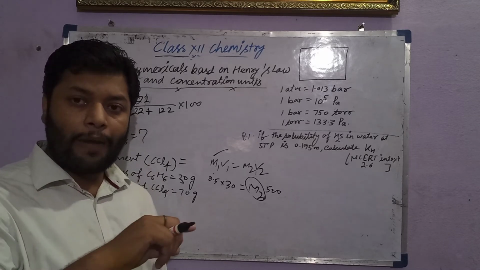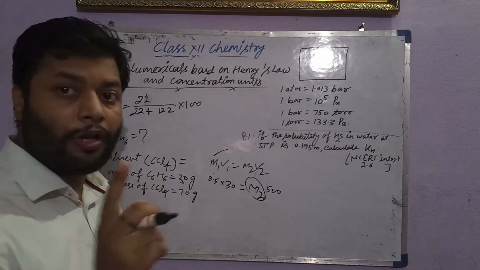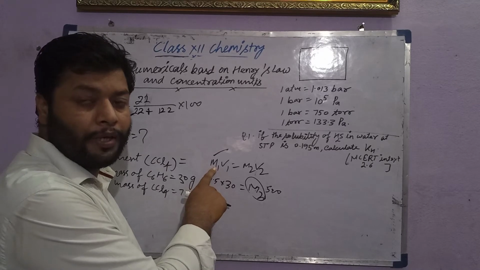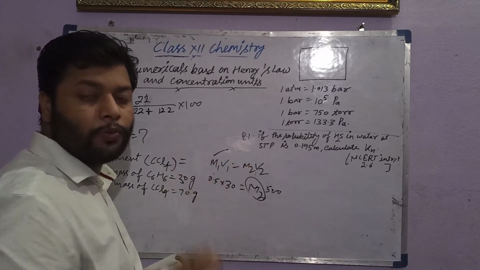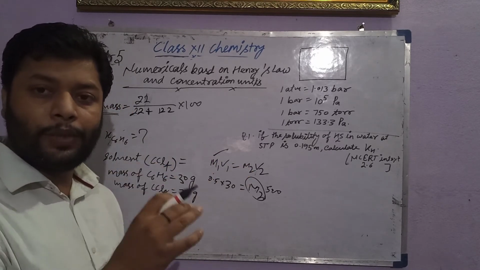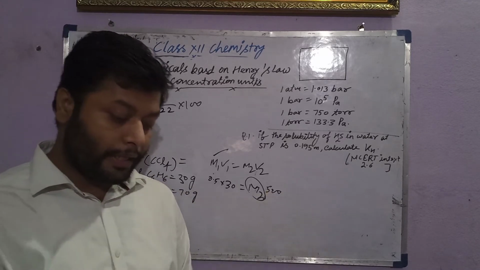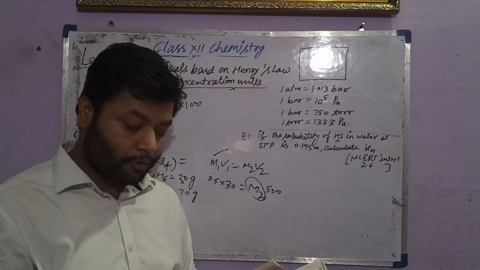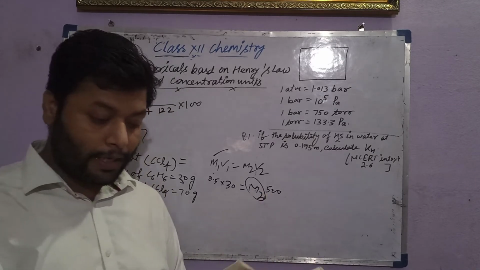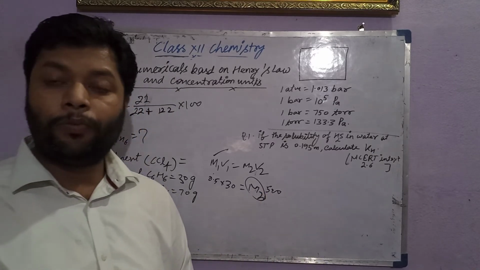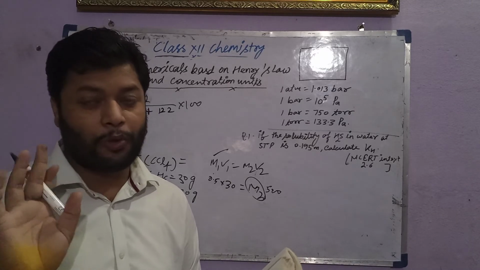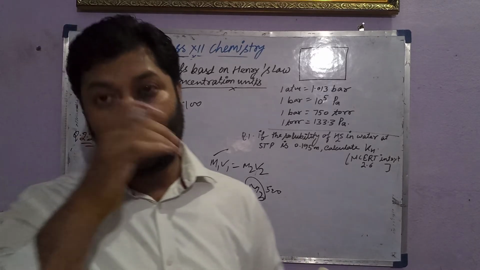The same applies for normality: here it will be N1V1 equal to N2V2. But this is only applicable for dilution of a solution. So you can calculate this part of the question by using this formula, and the above part will depend upon the atomic mass of cobalt.